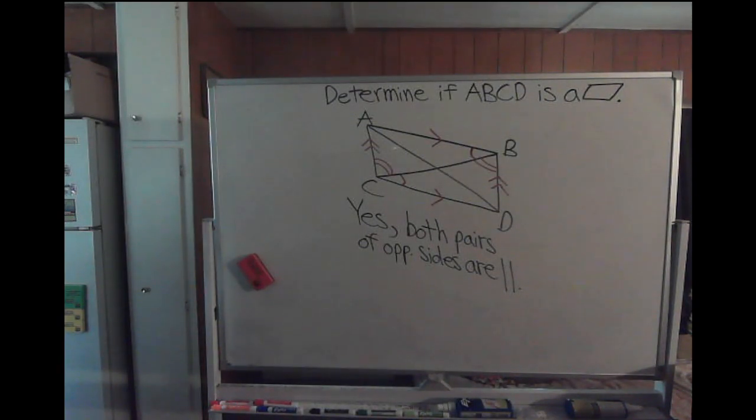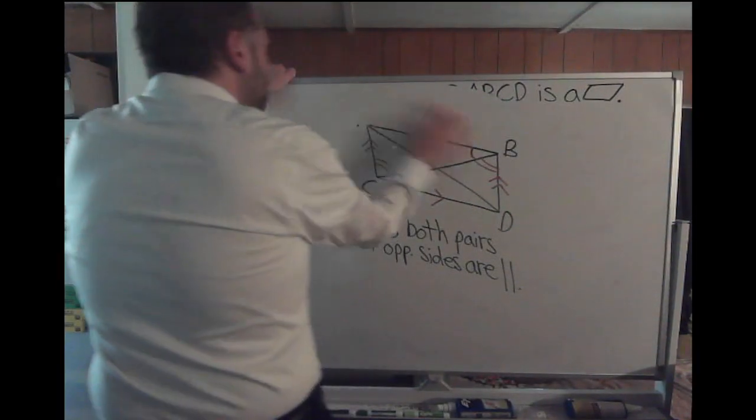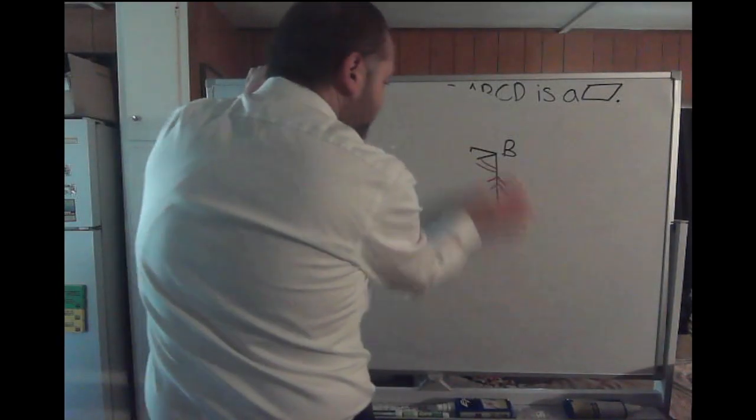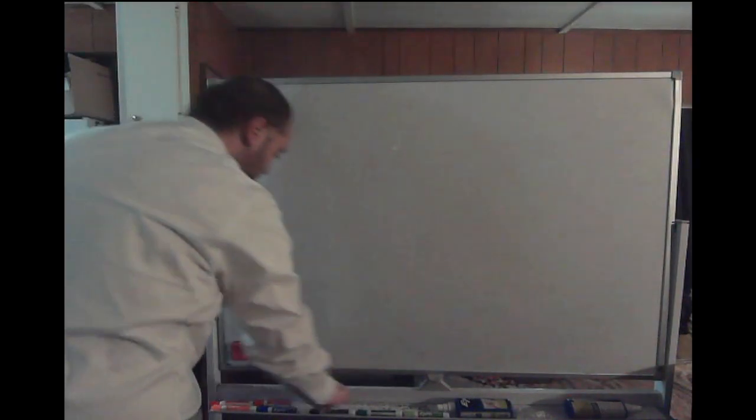Now, for the next 4 exercises, it's going to be a little bit different. I'll explain. These are some algebra geometry problems again. We have 4 of them to do tonight. So what is the objective here?